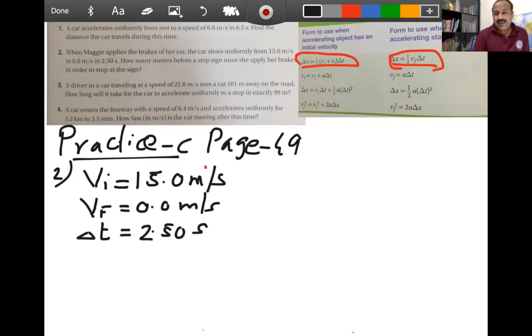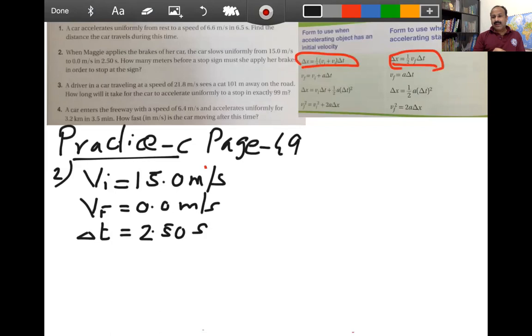So they are asking, your initial velocity, final velocity is 0, and it is taking 2.5 seconds to stop. How many meters before should she apply brakes so that she can stop the car before the stop sign? That's the question.